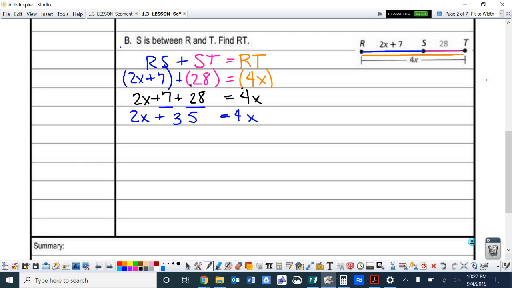I see I have x's on both sides, and 2x is smaller than 4x, so I'm going to take the opposite of the smaller value, and it cancels to 0, leaving me with just 35 equals 2x. Almost have x by itself. Right now it is right next to 2, so we can divide by 2. And 2 divided by 2 gives us 1, so we cancel to 1. And half of 35 is 17.5.